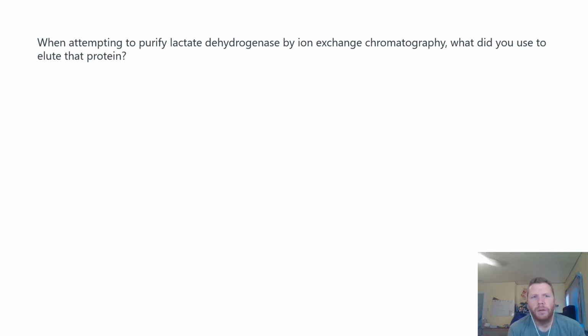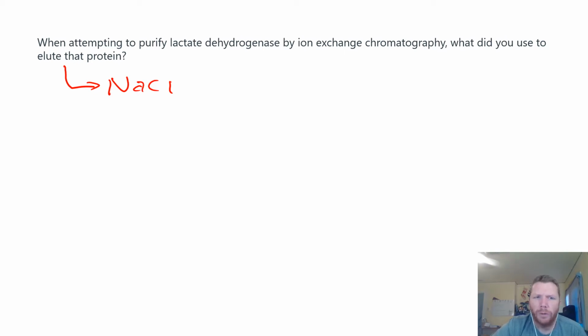Question number three. When attempting to purify lactate dehydrogenase by ion exchange chromatography, what did you use to elute that protein? Okay, so the most important part of this was we used NaCl.